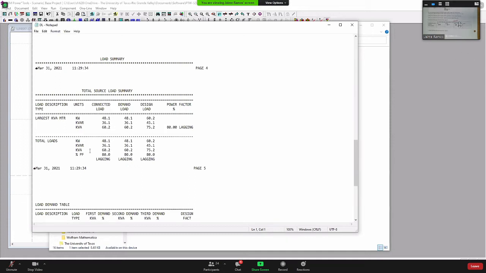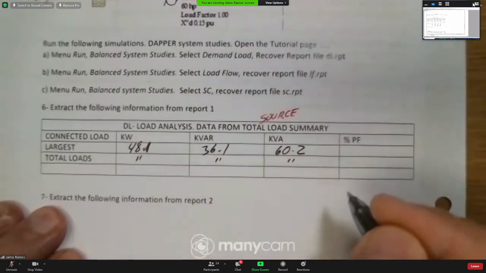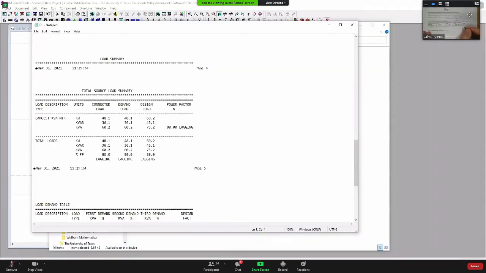And then the total loads is the same, right? Total loads is the same. And then 80% power factor. Here is 80.